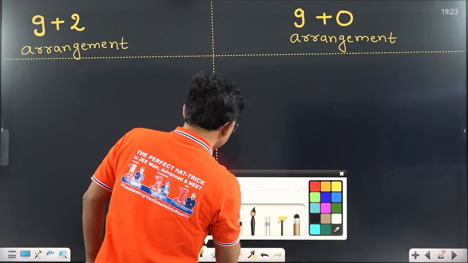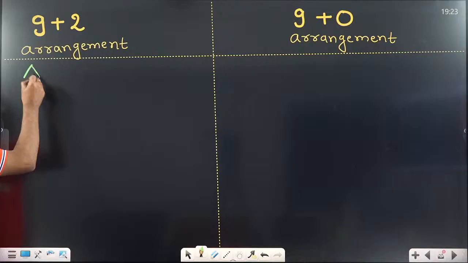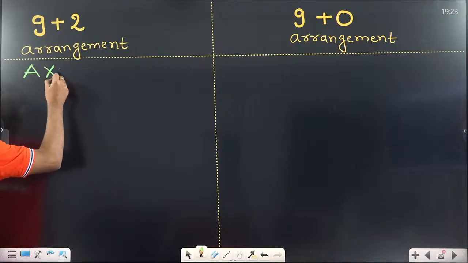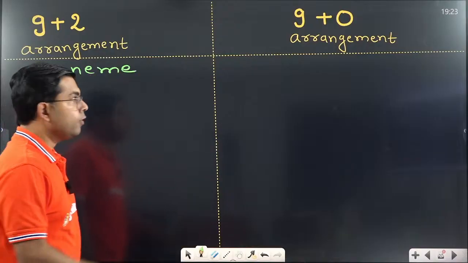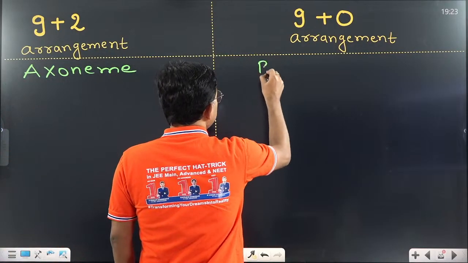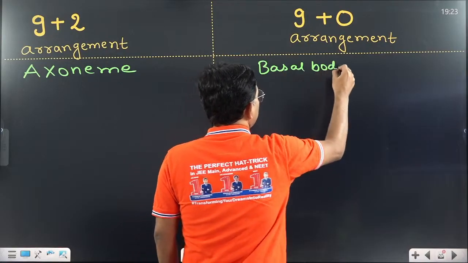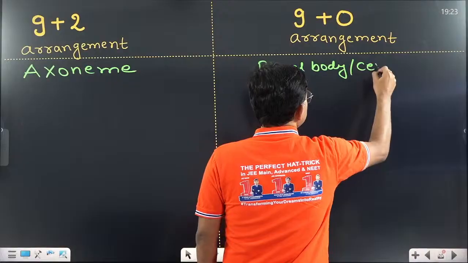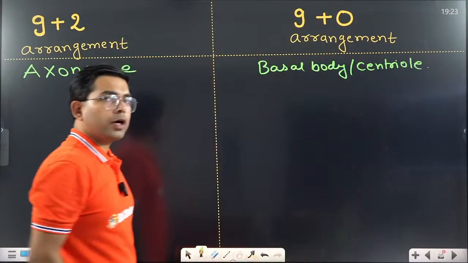I will say axoneme has 9+2 arrangement, whereas the basal body or centriole has the 9+0 arrangement.